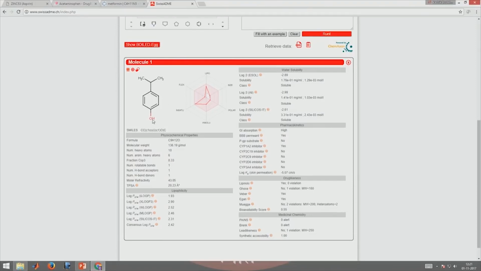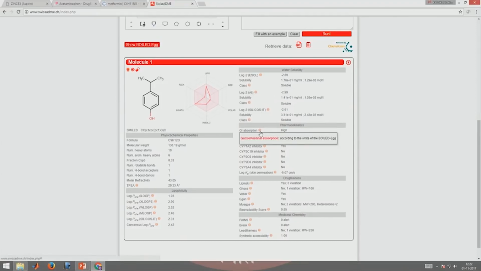Number of hydrogen bond acceptors, that is this oxygen, hydrogen bond donor, the OH, then total polar surface area is given here. Log P, there are different software which can give you log P. As you can see, each gives you some different values, and an average log P, then solubility, log solubility, okay, and when you look at the solubility class, if it is less than 4, as you can see here, it is soluble, and then different types of solubility.